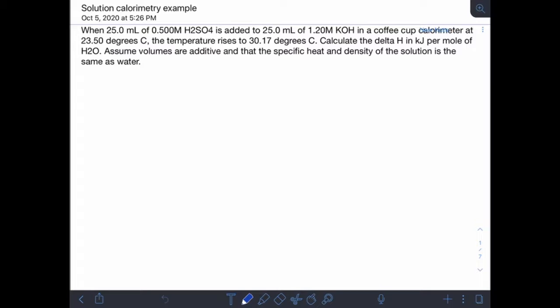Right, so when doing this type of calorimetry, we still have the same concept of negative Q system equals Q of the surroundings. In this case, the system is the reaction itself, and the surroundings is the water, the water of the solutions.